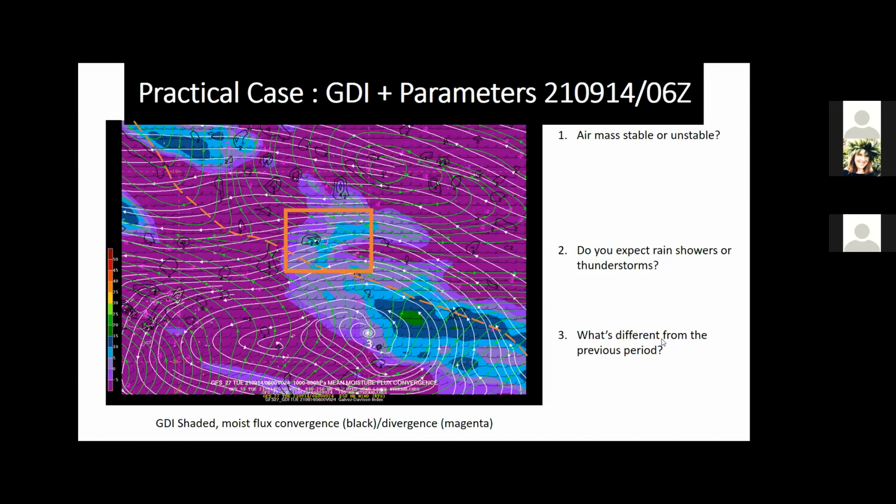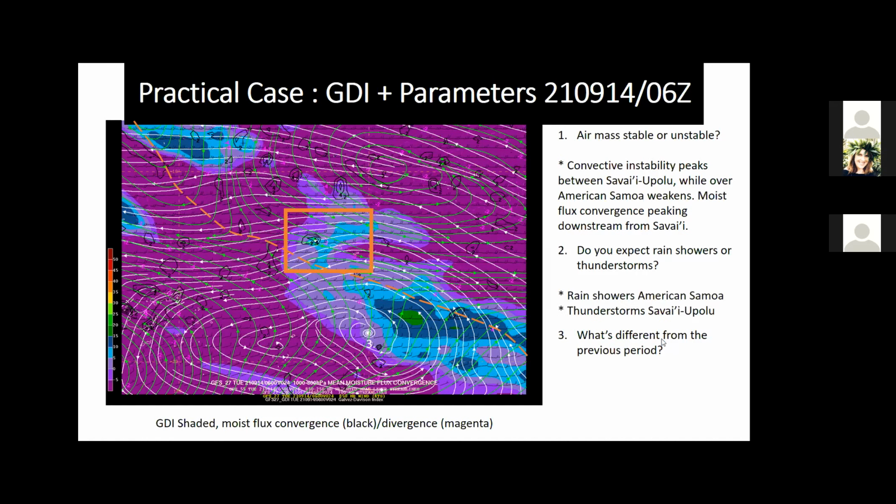Okay, and this would be 6 UTC. At this point, we're seeing that deeper convective instability and moisture convergence is moving over the islands. Now for American Samoa, we might still be seeing some rain showers still developing, but we have a better chance for thunderstorms over the islands to the west.